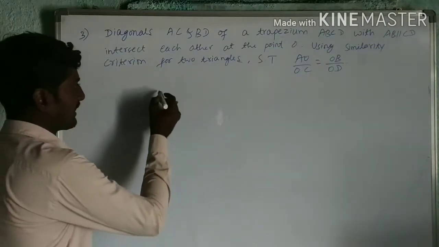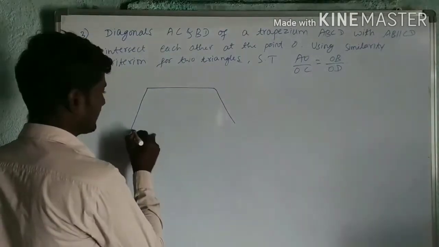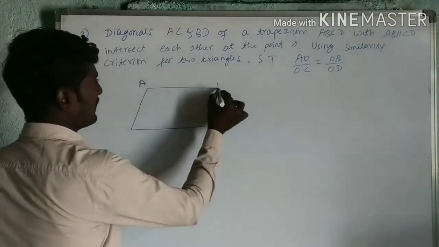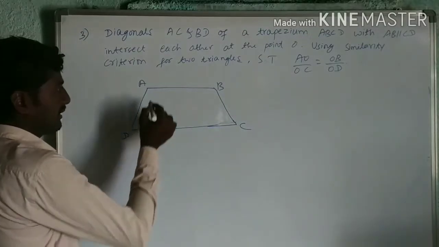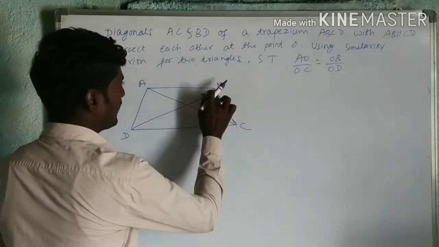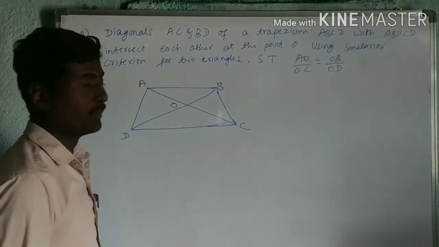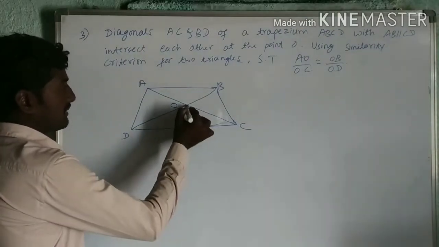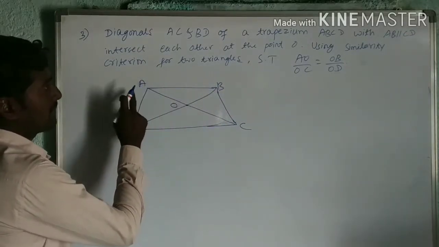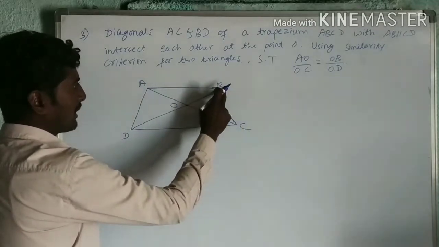So let us take first a trapezium in which AB is parallel to CD, as they said. Diagonals AC and BD intersect each other at the point O. Now what we have to prove? AO divided by OC is equal to OB divided by OD.